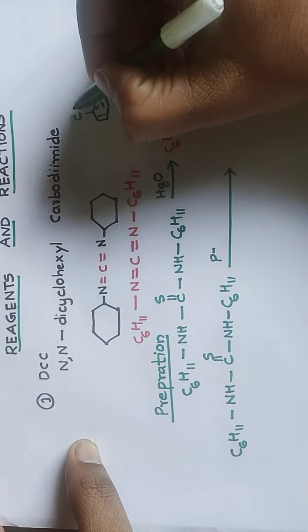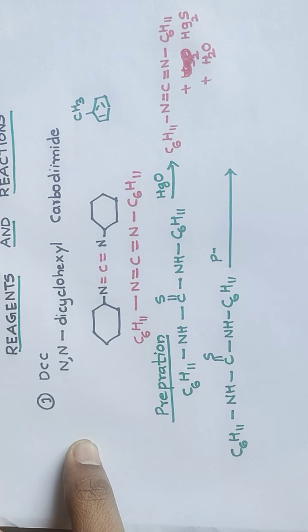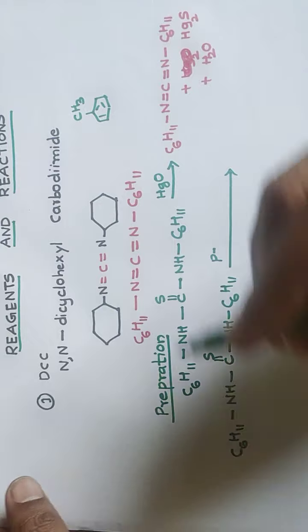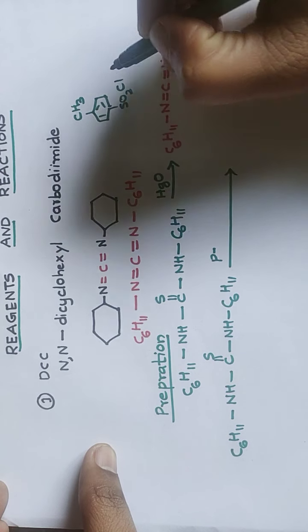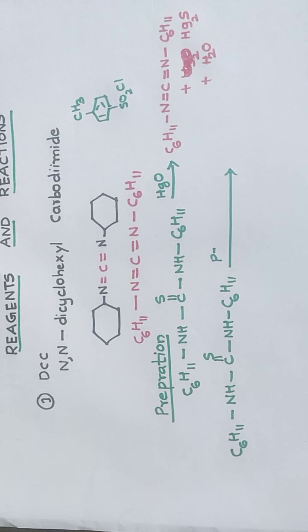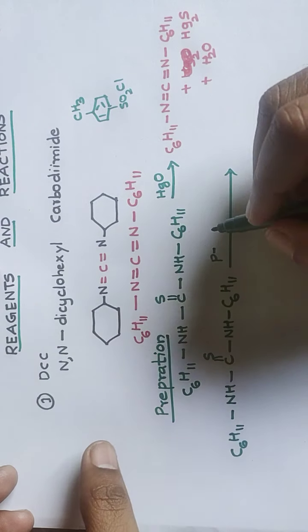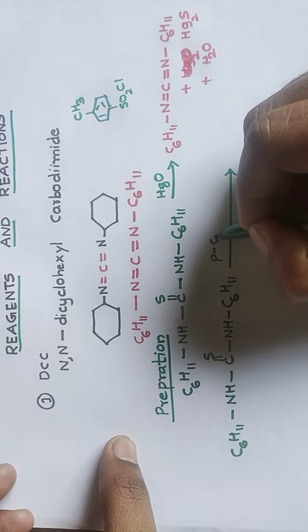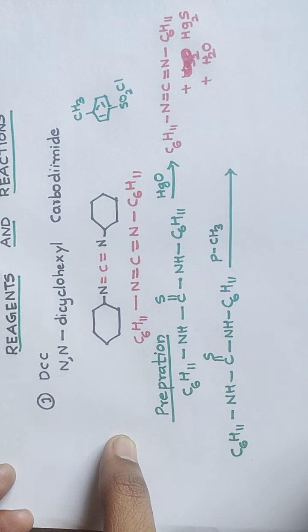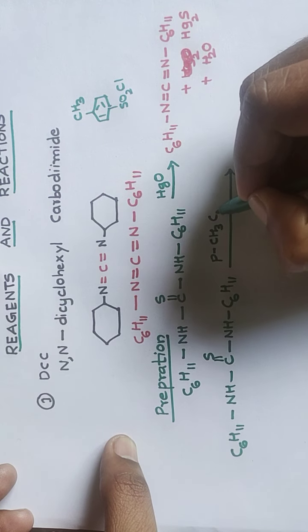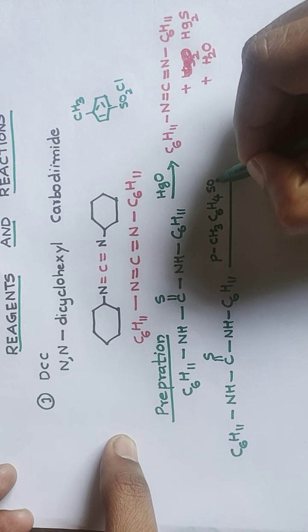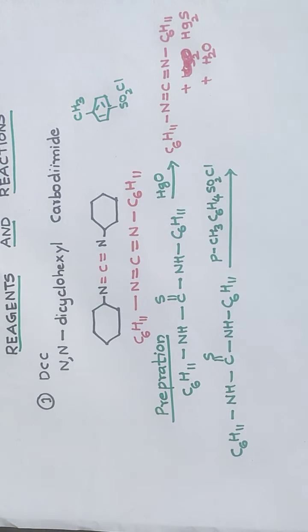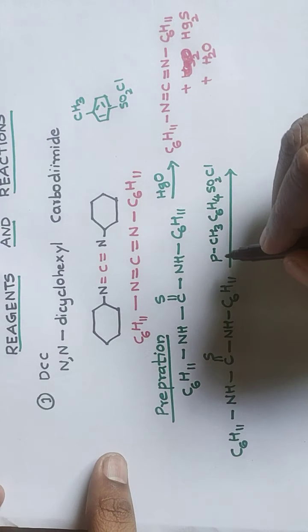This is toluene, so it is para-toluene sulfonyl chloride, with SO2Cl. So this can be written as p-CH3 C6H4 SO2Cl in hot pyridine.